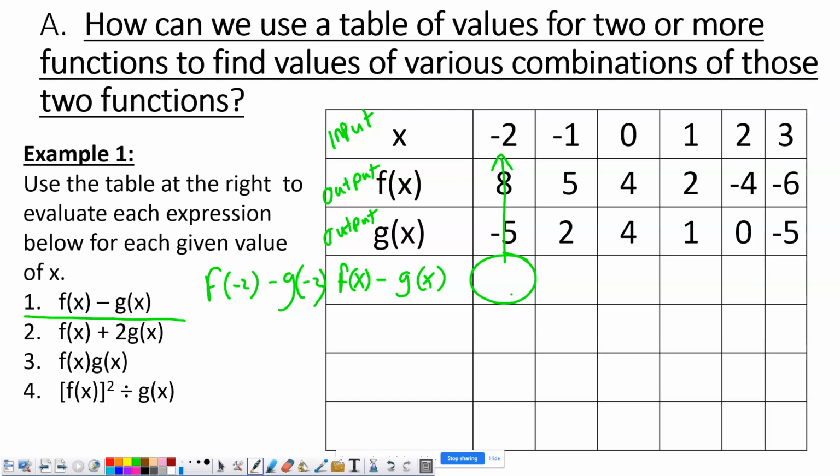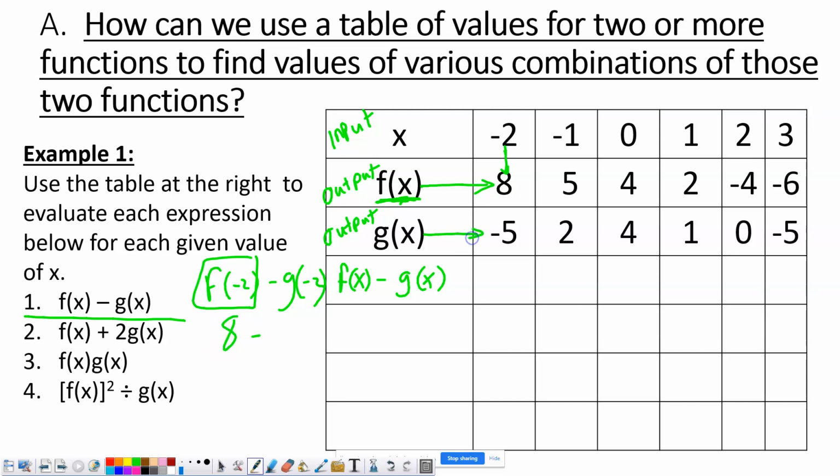Okay, now let's figure out what is f of -2. So I'm going to go to the f row where x equals -2. And so f of -2 is 8, right? What's g of -2?